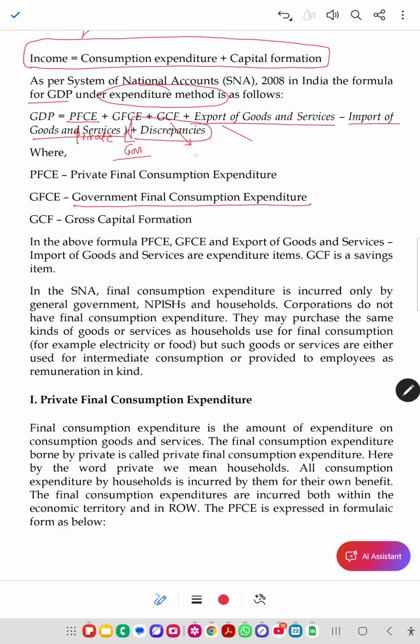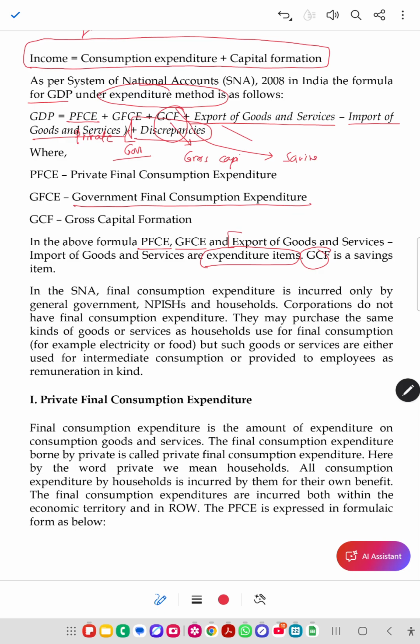Okay, this is gross capital formation. In the above formula, PFCE, GFCE, and export of goods and services minus import of goods and services are expenditure items. GCF, that is, this is the saving item.